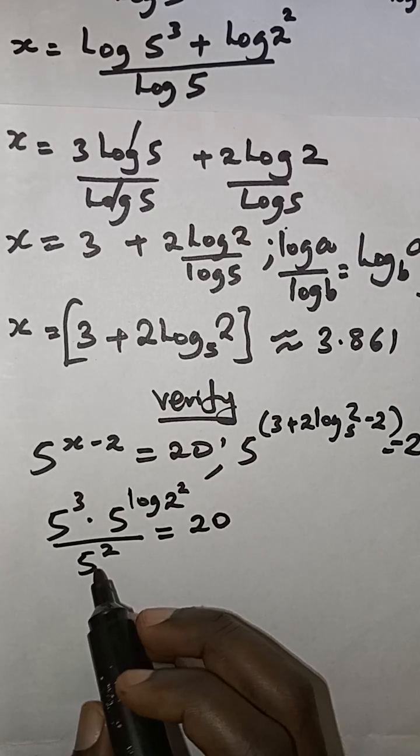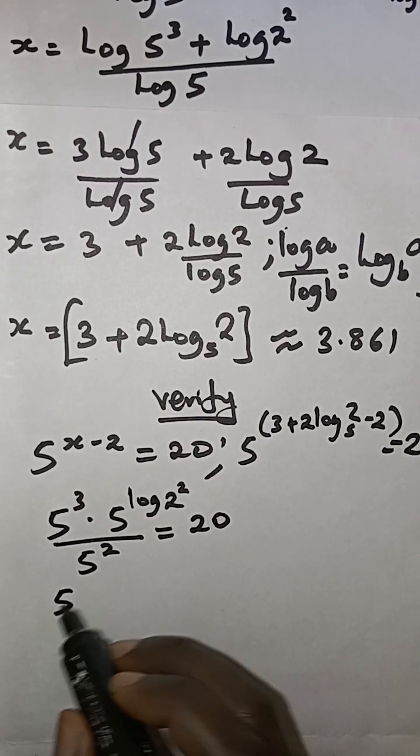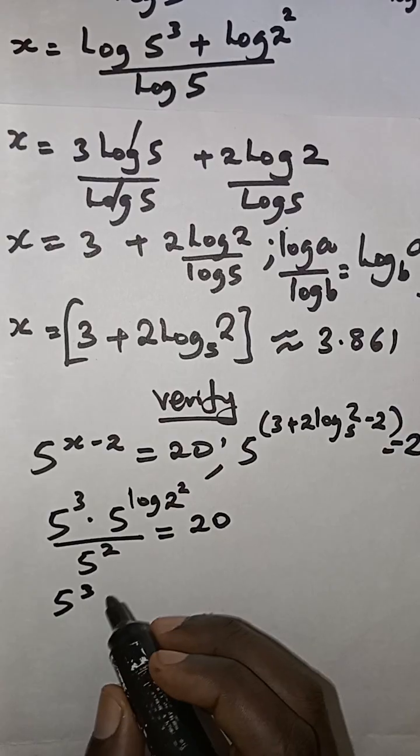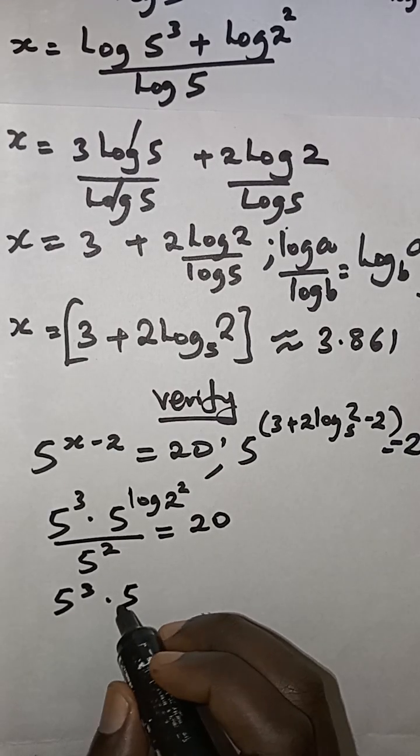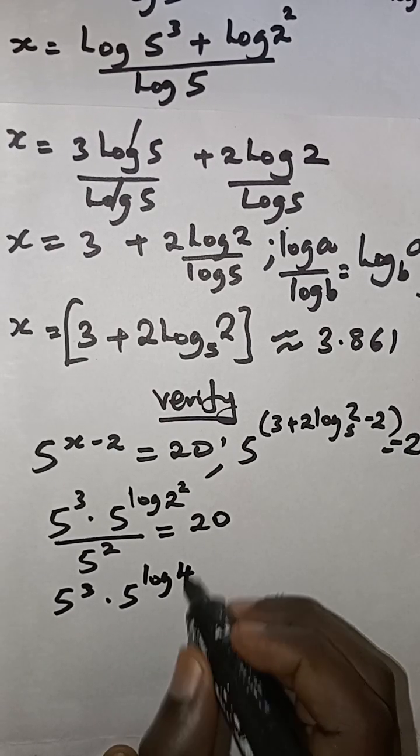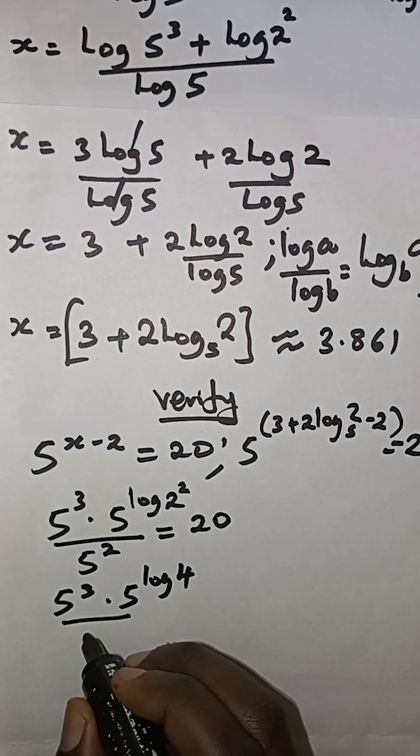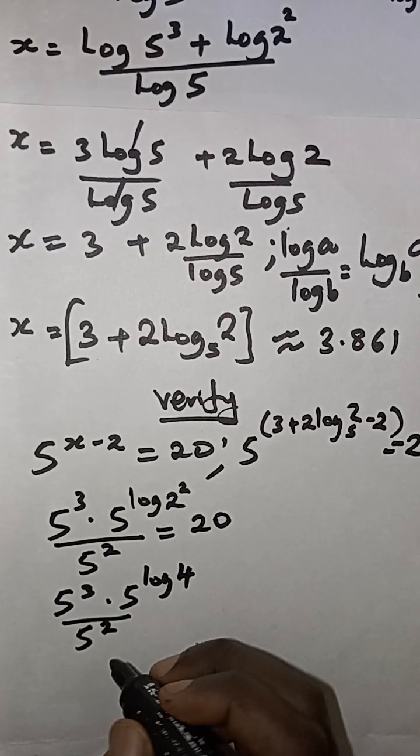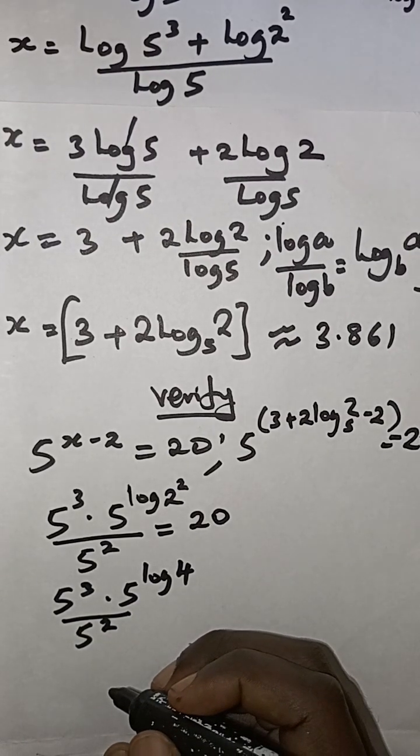Next step, I know that this can be written as 5 power 3 multiplied by 5 to the log of 4 divided by 5 to the power 2.